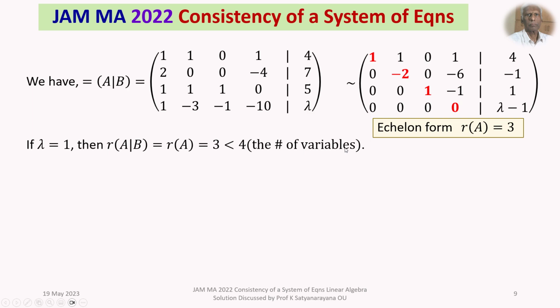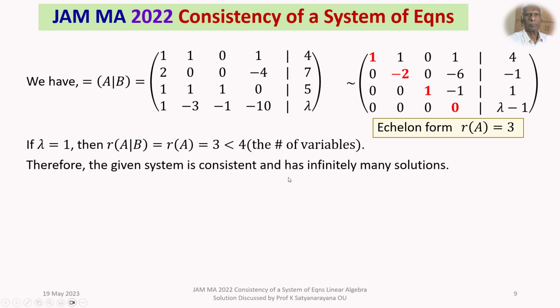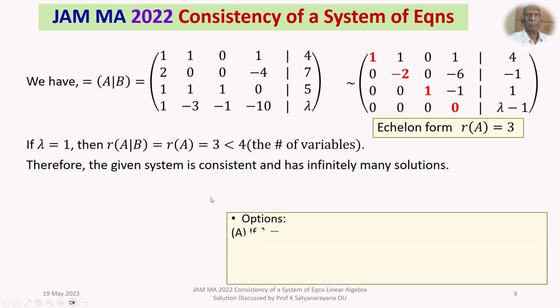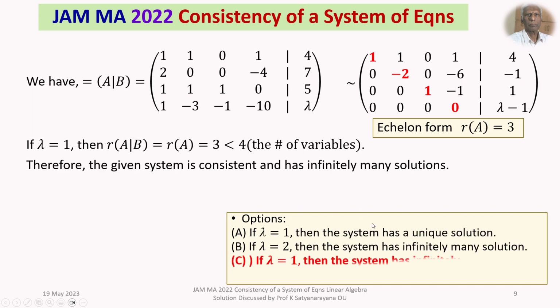Let's recall our theorem. Rank of the augmented matrix is equal to the rank of the coefficient matrix. Therefore, it is consistent. And it is equal to 3, less than 4. Therefore, it will have infinitely many solutions. So, the system has infinitely many solutions. So, let's look at our options.